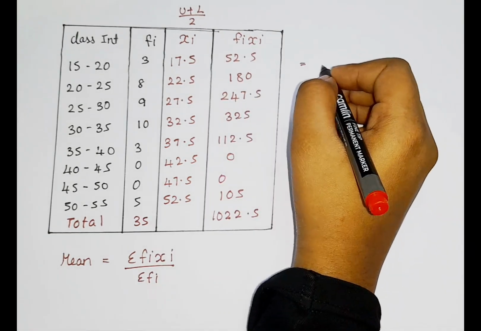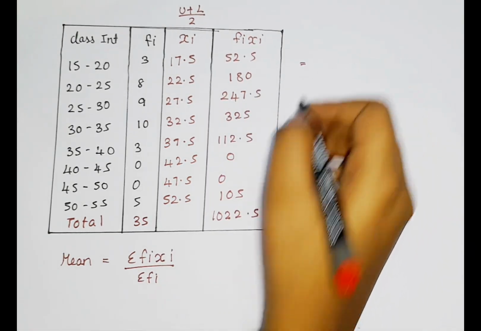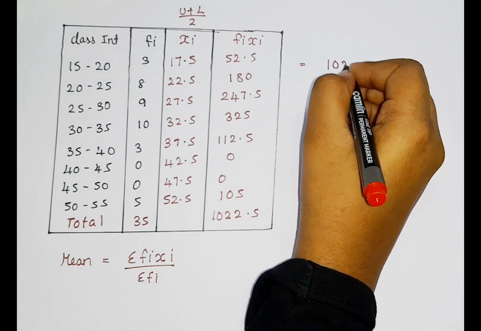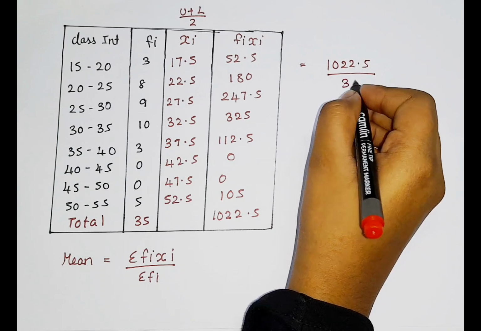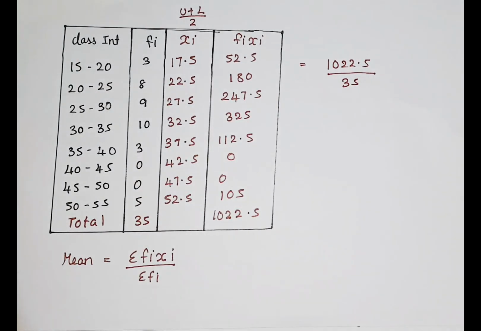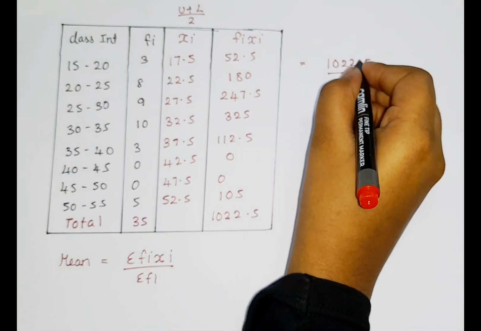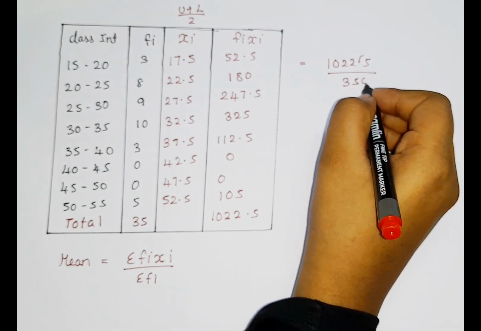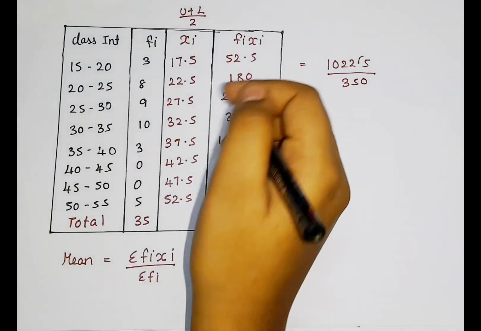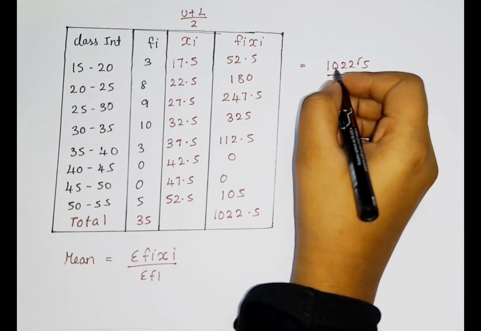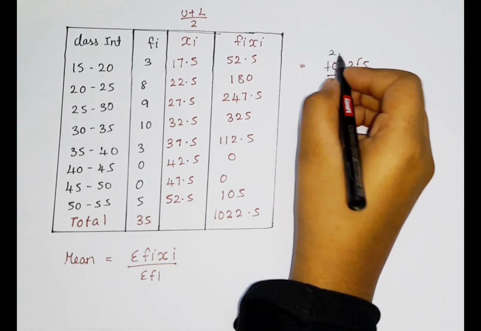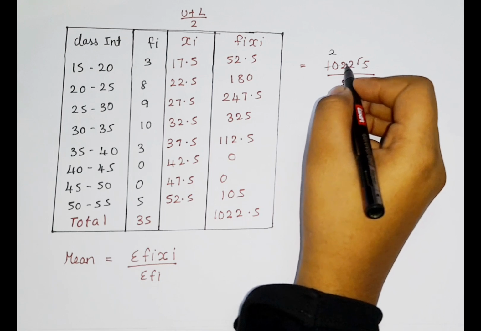Now we can apply the values in this formula, isn't it? Mean is equal to sigma fi xi, which is 1022.5, divided by sigma fi, which is 35. Now we can just take off the point, and here it will become 0. Now let us cancel it in the fifth table. 7 5s are 35, 0, 5 2s are 10, and then we have 22.